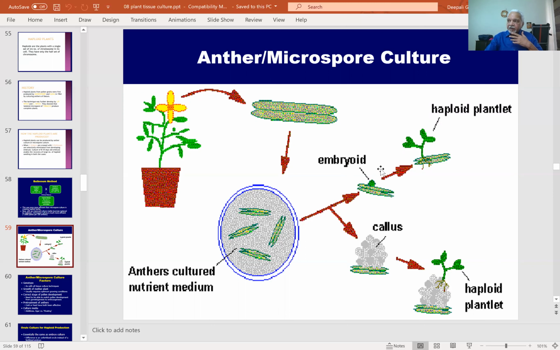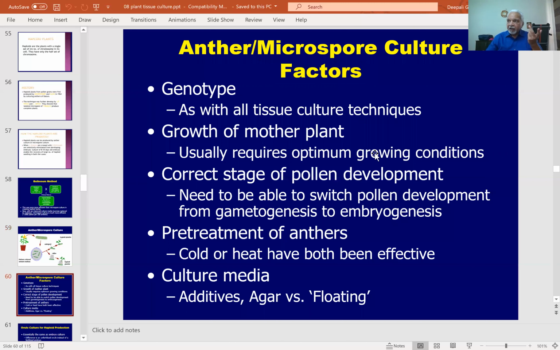Or it can generate embryos, and these embryos can directly give rise to a plantlet, with shooting and rooting. So this is just a pictorial representation of the sequence of events taking place here.